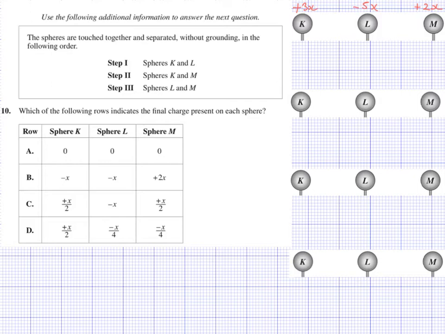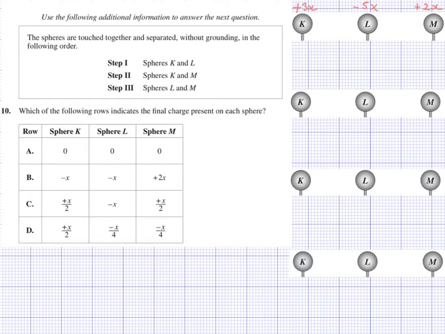So we're going to follow this through step by step, and hopefully at the end we can then select the correct answer. What's different about this question is that it's done with an algebraic statement. We don't have an absolute value in coulombs, we're just given ratios of x. And you can see that the different options for the answers are given as ratios. So let's go ahead and keep track of what's going on.